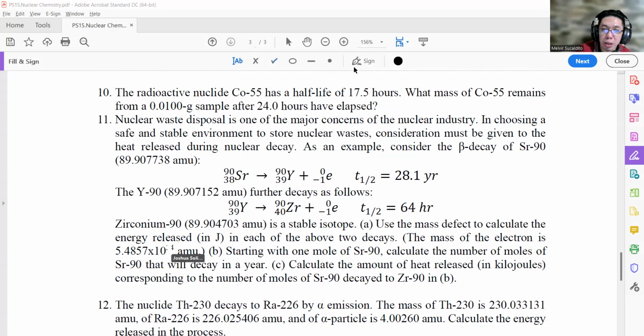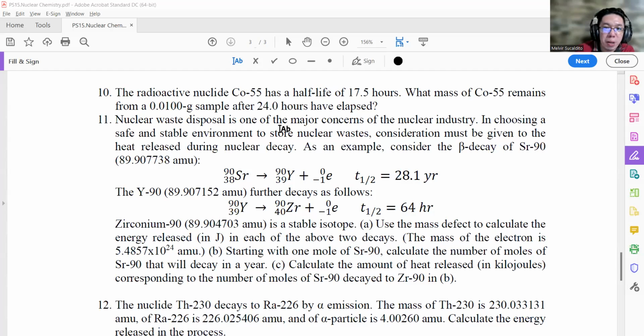Wait po. Ayan. Ito po yung Annotate. Sorry. Opo. This calls for some Superman. Annotate. 5.4857 times 10 to the negative 4 amu. Should be negative 4.